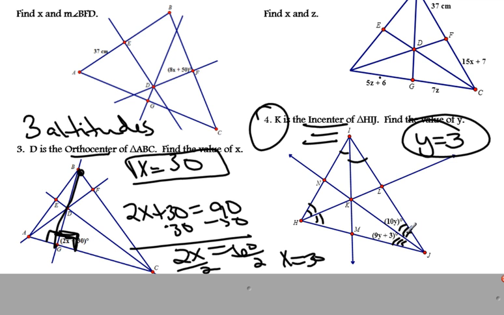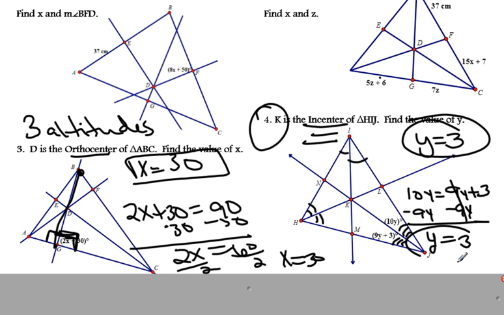Well, angle bisector divides an angle into 2 congruent angles. So 10y equals 9y plus 3, because those are congruent. All I have to do in this equation is subtract 9y from both sides. So I get y equals 3.